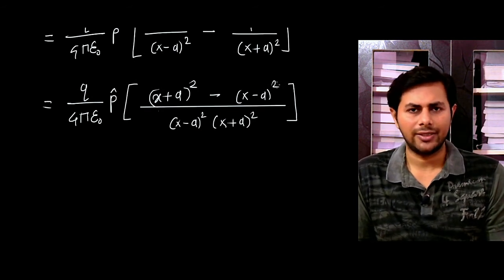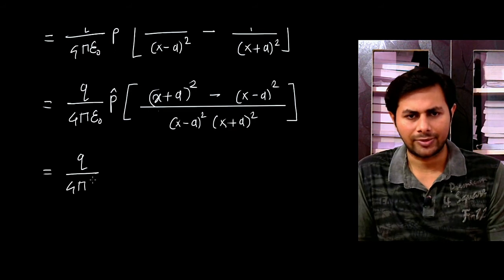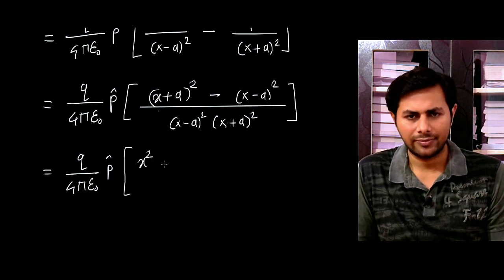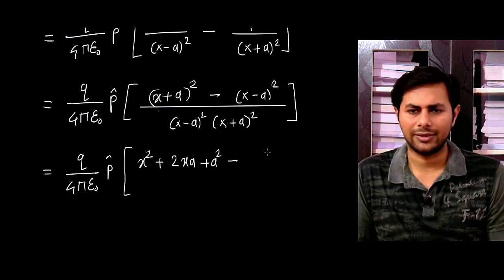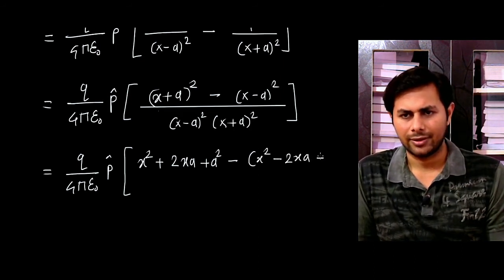Then we can expand this to get q over 4 pi epsilon naught times p cap. (x plus a) squared is x squared plus 2 times x into a plus a squared, and (x minus a) squared is x squared minus 2 times x into a plus a squared.